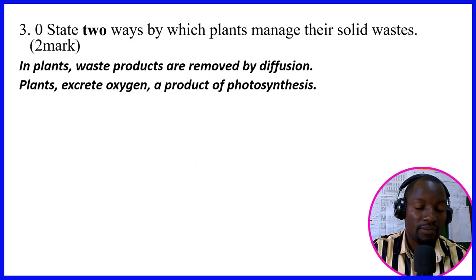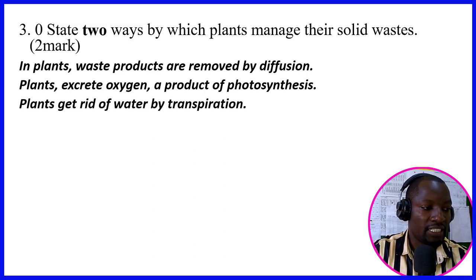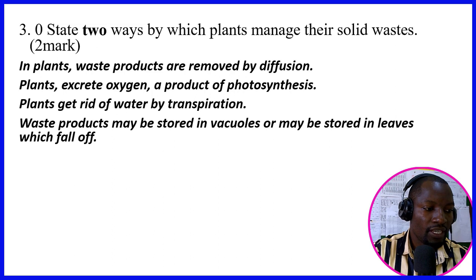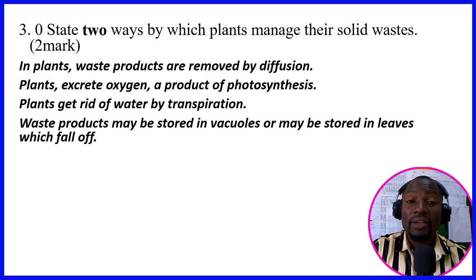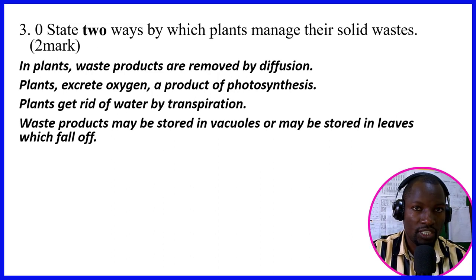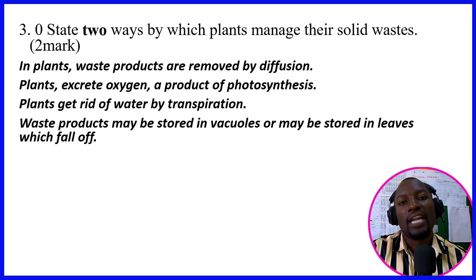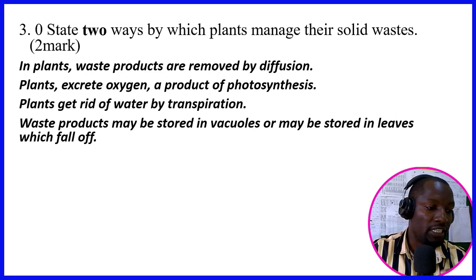Plants also get rid of water by transpiration. And majority of the waste products in plants are stored in vacuoles or in the leaves, which the plants shed off, or the leaves fall out by themselves.